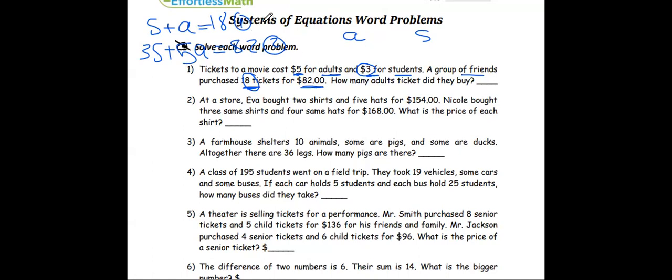So let's multiply the first equation by 3. So it's going to be 3S plus 3A all equal to 18 times 3, which is 54. And this is also 3S plus 5A equal to 82.